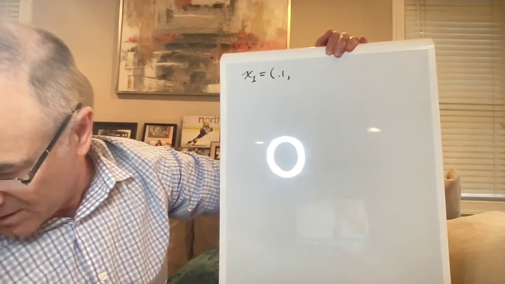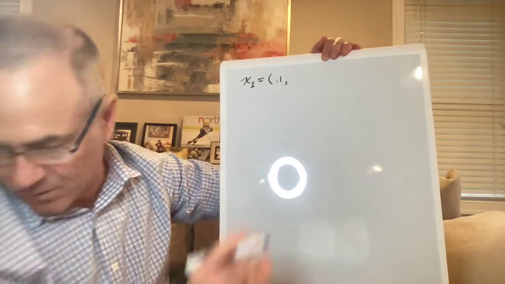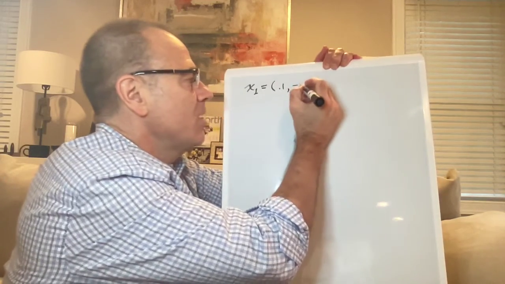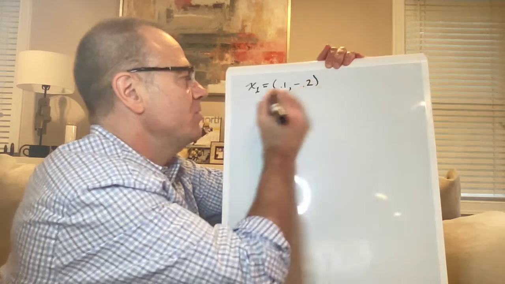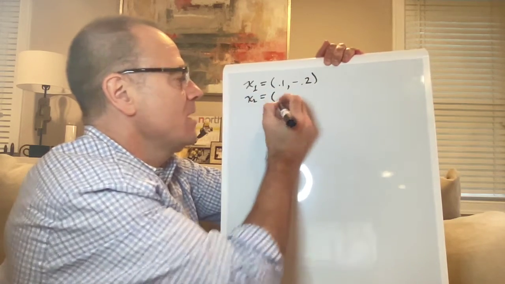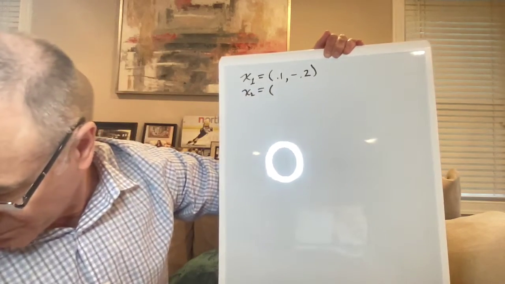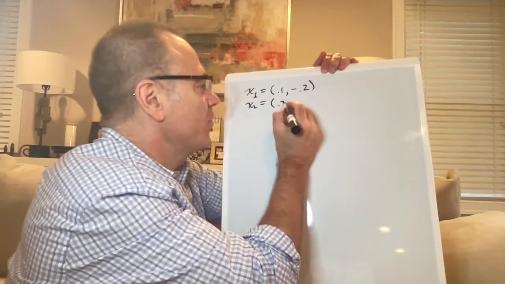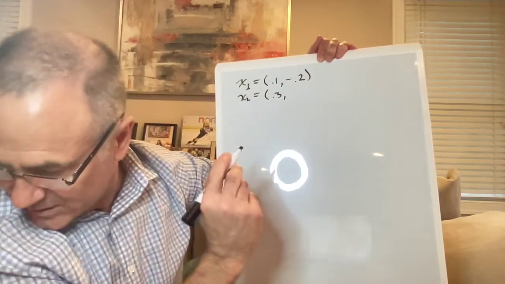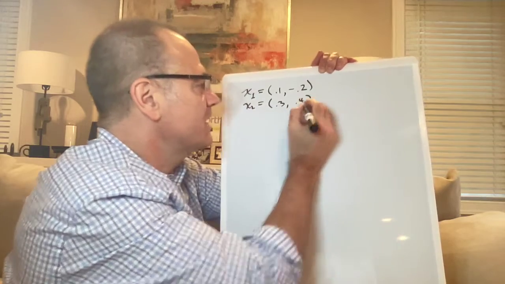So I'm going to say the ideal point of legislator 1 is 0.1 on the first dimension, negative 0.2 on the second. x2 equals 0.3 on the first dimension and 0.4 on the second.